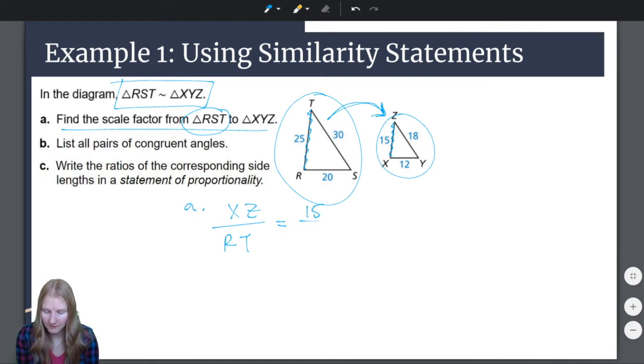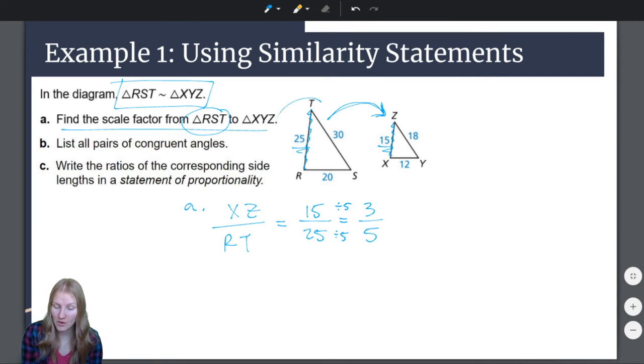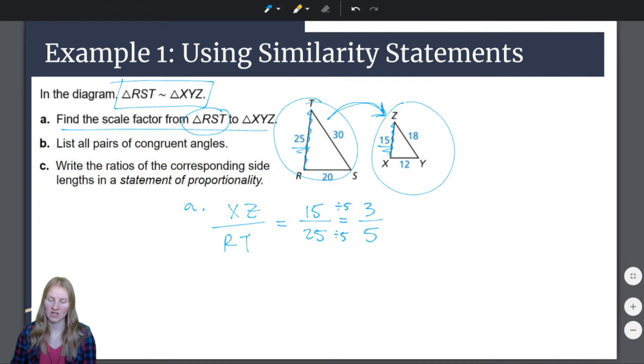XZ is 15. This side is 15 units long. And RT is 25 units long. And if I simplify this, I can divide by 5 on the top and bottom. We get 3/5. So if I want to go from RST to triangle XYZ, I would need to multiply all of the sides by 3/5.